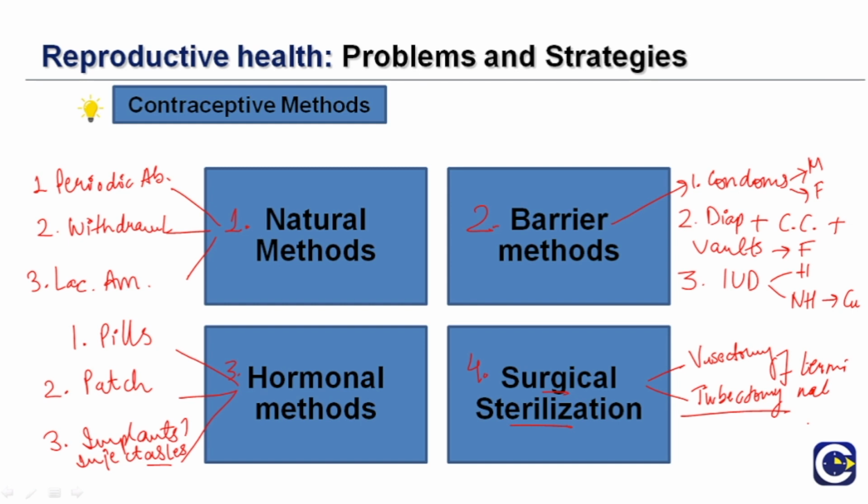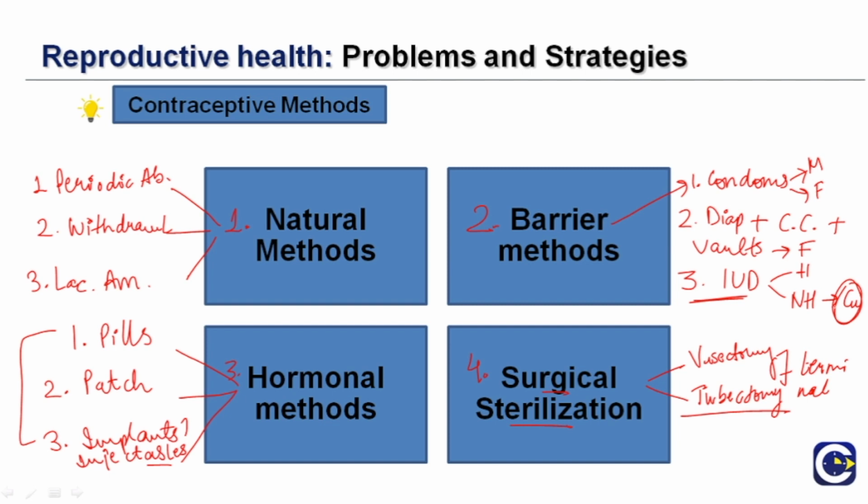So the major questions that generally are asked from this part will revolve basically around either the mechanism of action of pills or the intrauterine devices. There are a lot of questions about copper ions, like what do the copper ions do? So they will inhibit the motility.